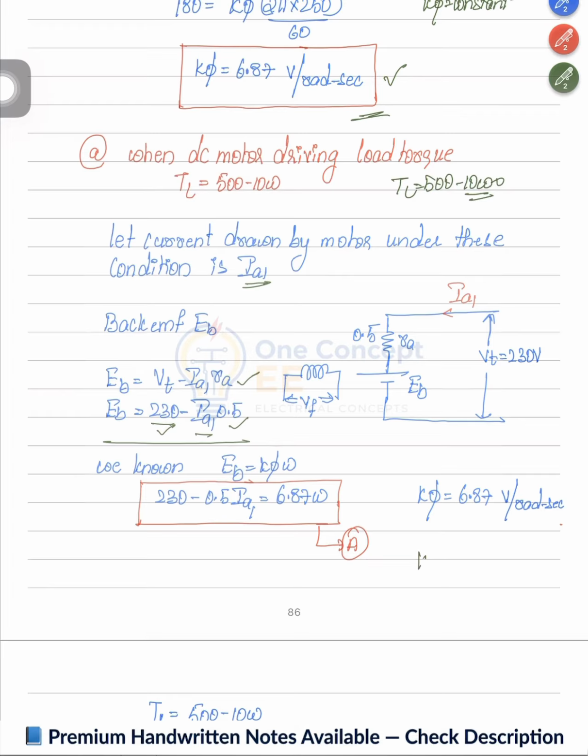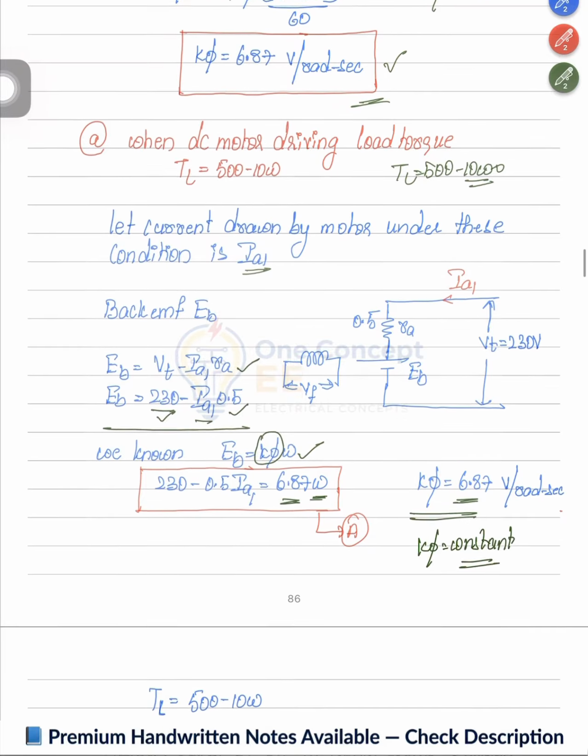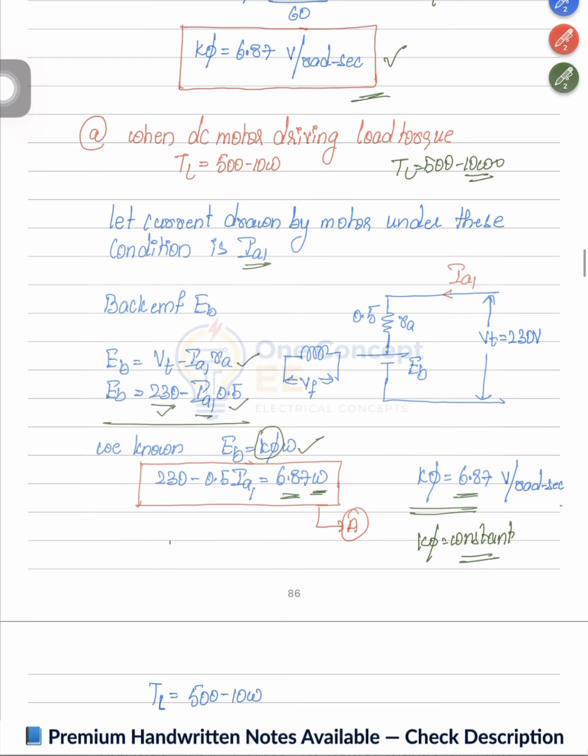We already know K phi is constant, which means under any load K phi will be constant. That's why, from the previous case, I am taking K phi equal to 6.87. We know Eb equal to K phi omega, so substituting the K phi value, Eb equal to 6.87 omega.